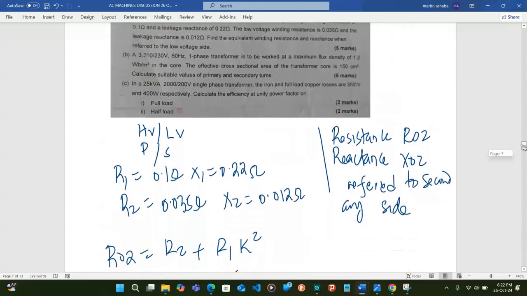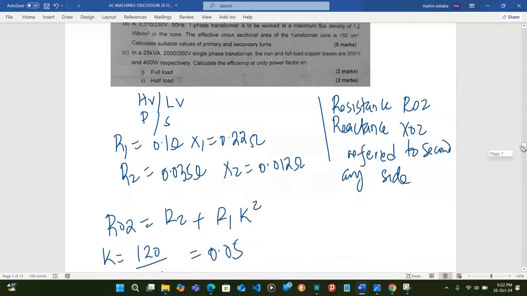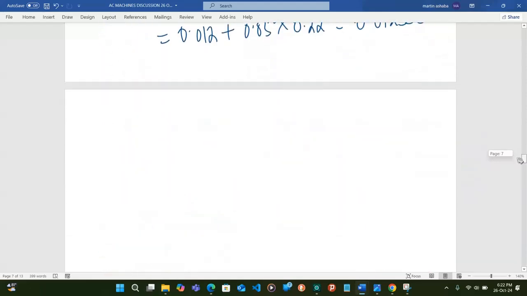Part B says a 3300/230 volts, 50 Hz single phase transformer is to be worked at a maximum flux density of 1.2 webers per square meter in the core. The effective cross-sectional area of the transformer is 150 square centimeters. Calculate the suitable values of primary and secondary turns.